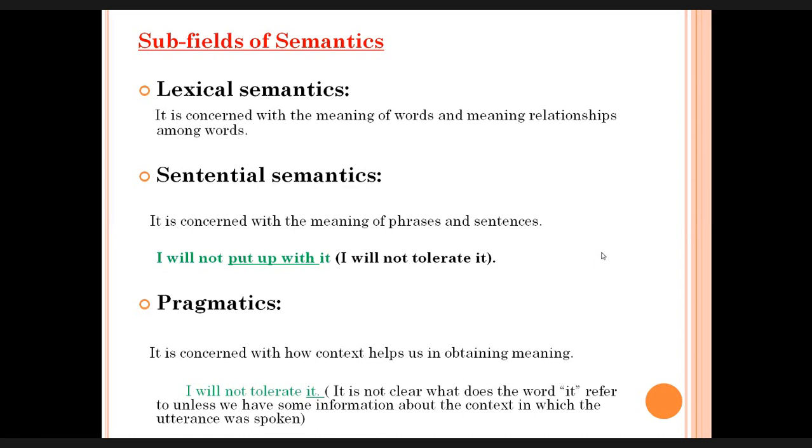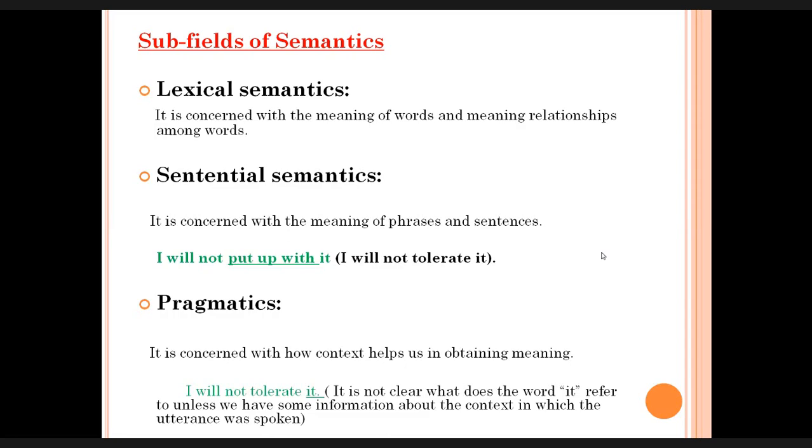If you look at the phrase put off, here put does not have an individual meaning, off does not have any individual meaning. Together, they express a single meaning. That is, remove. Put off your shoes, that means remove your shoes.